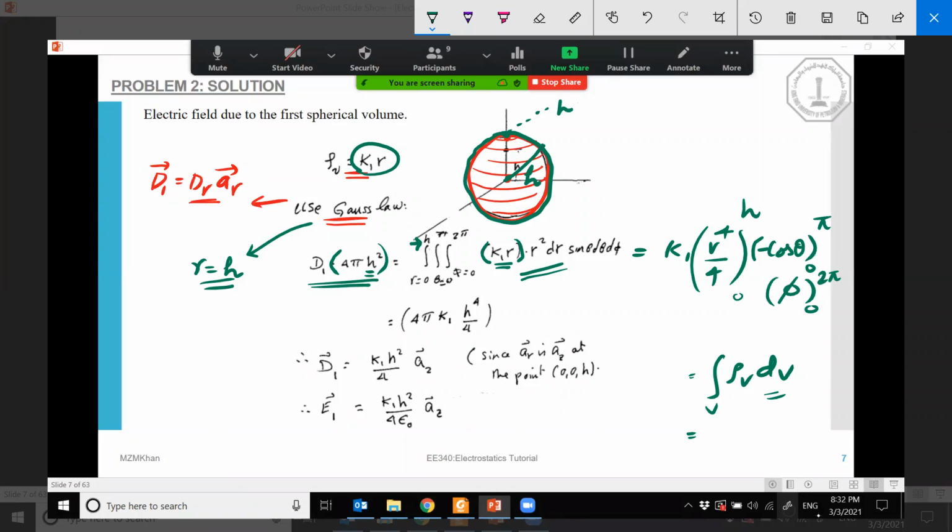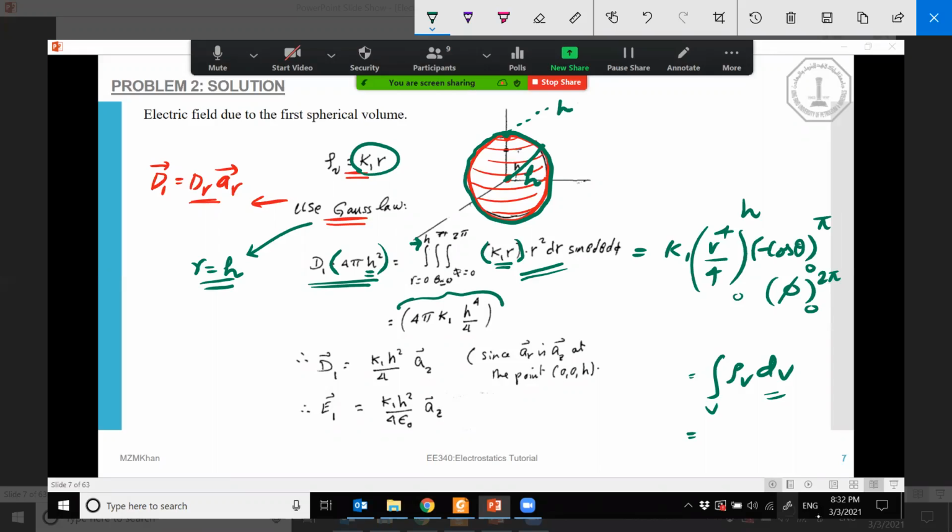And if you do the simplification, you will get 4 pi k1 h to the power 4 over 4. So this is how you have to find the charge when you have a non-uniform charge density. So the right-hand side is the key.